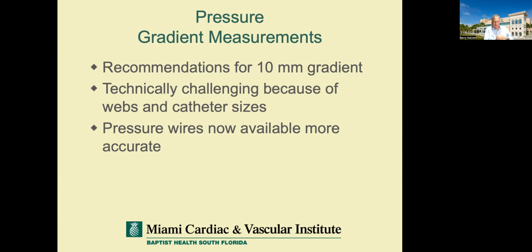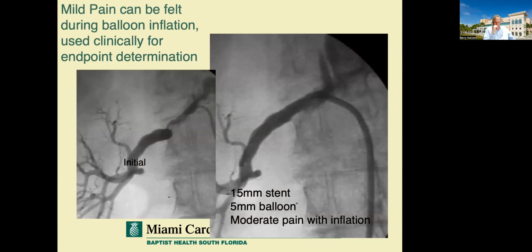It can be a little artifactual, because the catheter itself can induce a pressure gradient. But we now have pressure wires that are available to confirm whether these lesions are hemodynamically significant. And it can be technically challenging to cross these webs with these small wires. Here's an example. This is actually more of an atherosclerotic lesion, but a pinhole lesion, you can see it would be very difficult to cross this area.